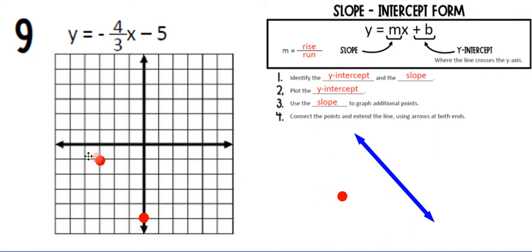I'm going to rise 4. 1, 2, 3, 4, and run to the left 3. And that's how you graph equations that are in slope-intercept form.